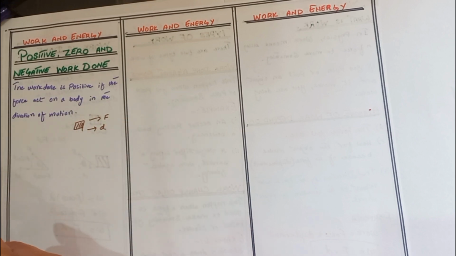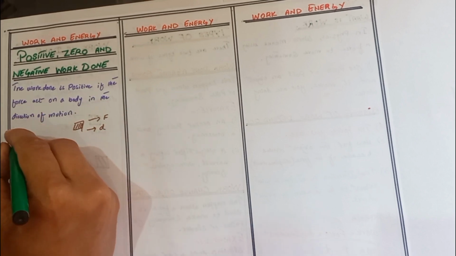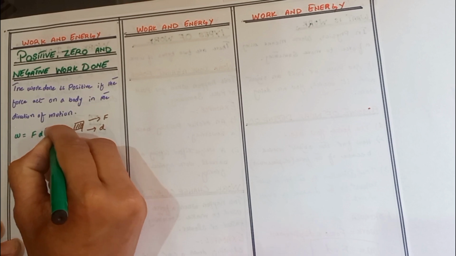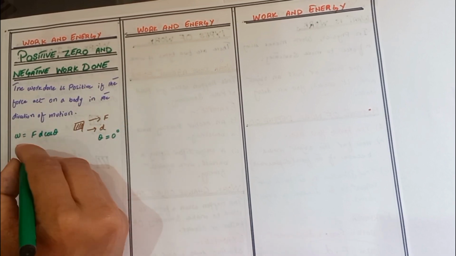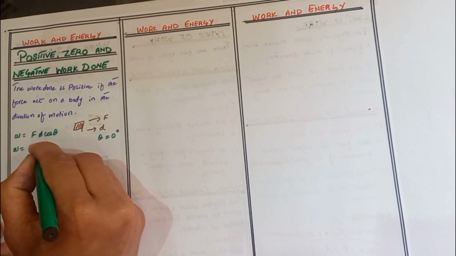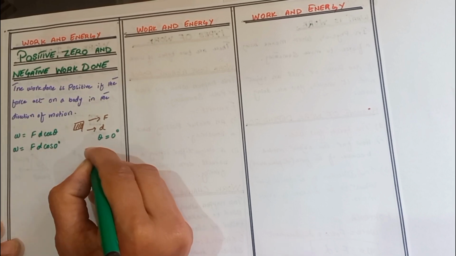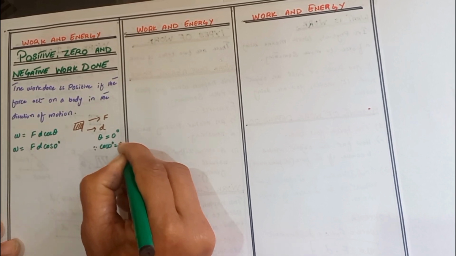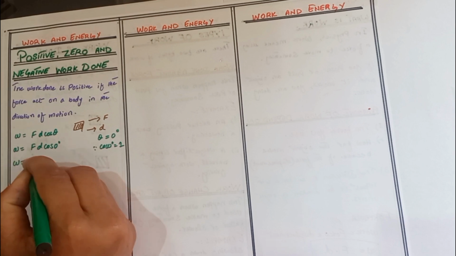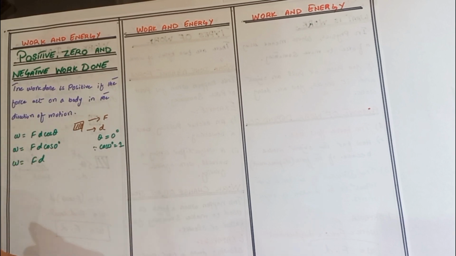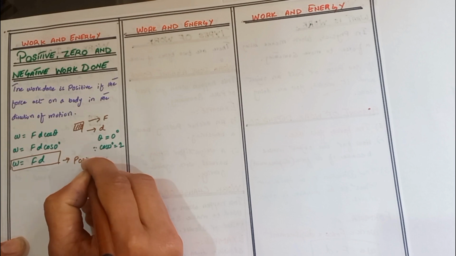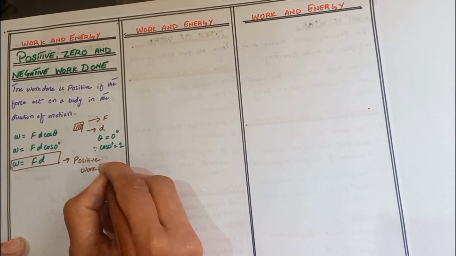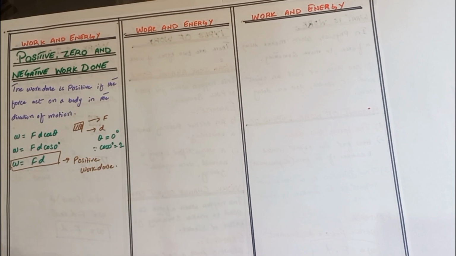So force and displacement are in the same direction. W is equal to F d cos theta. Here the angle is 0 degrees, so work done is equal to force into displacement into cos 0, and cos 0 degrees is equal to 1. So W is equal to force into displacement. This work is positive work done.